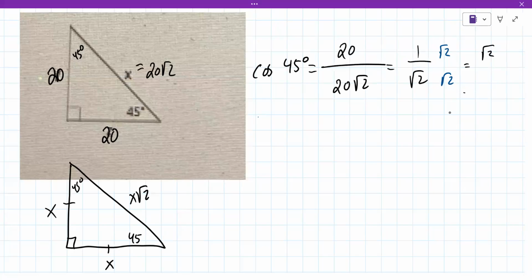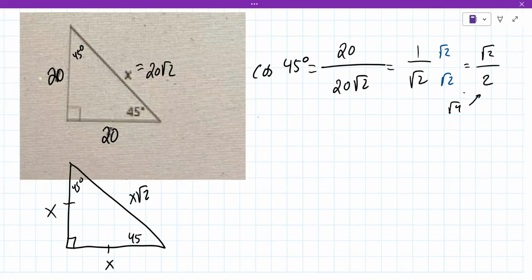Square root 2 times square root 2 would just become square root of 4, which is 2.